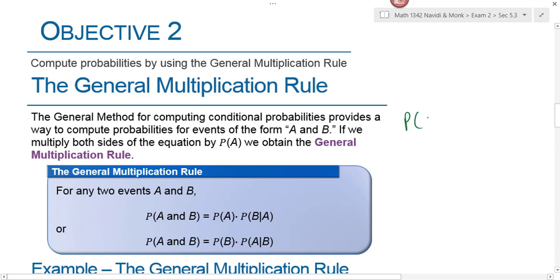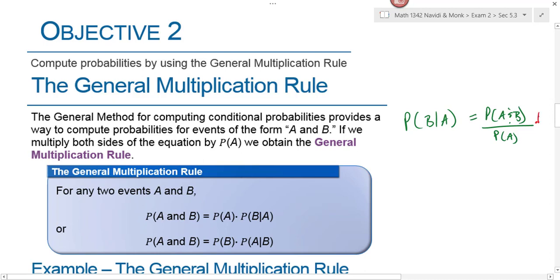Remember, here's the probability for B given A is equal to the probability of A and B divided by the probability of A. Just doing a little bit of algebra here.